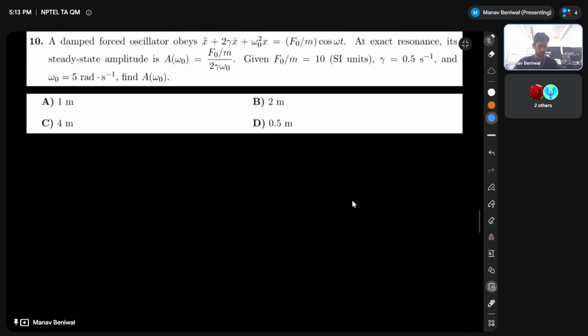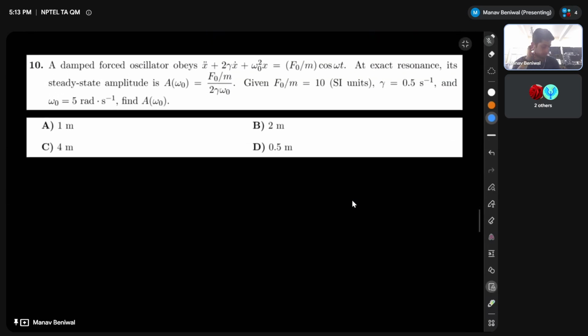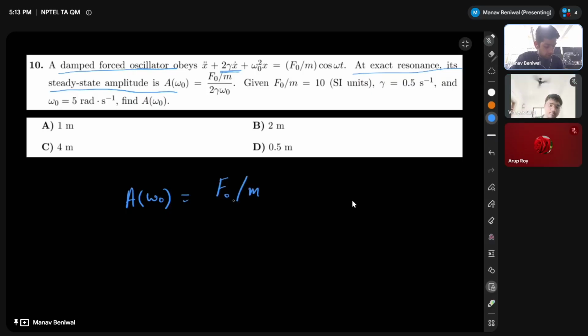Now let's solve the next problem, for a damped forced oscillator. I think the damped forced oscillator was not exactly discussed in this class, but this is a pretty simple problem, so we can solve it anyway. Here we have an additional damping term 2 gamma, and at exact resonance the steady state amplitude A omega naught is given as F naught over M times 2 gamma omega naught.